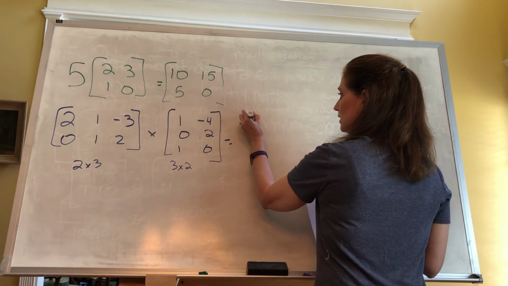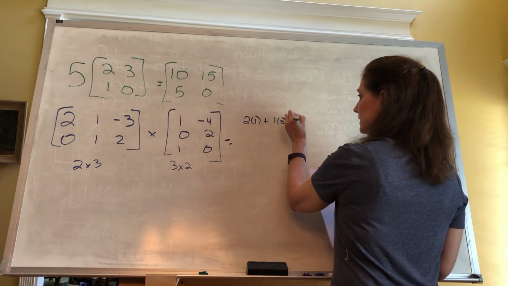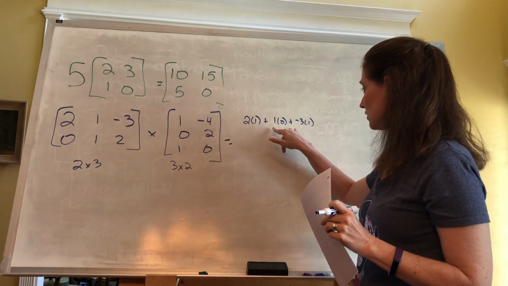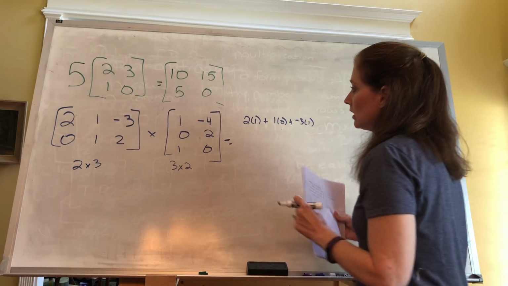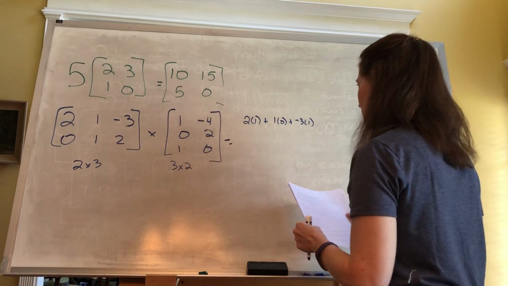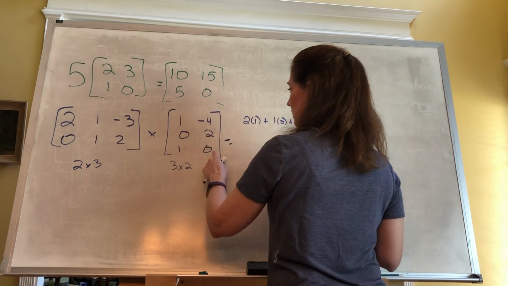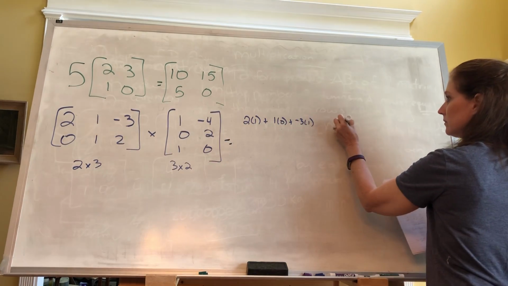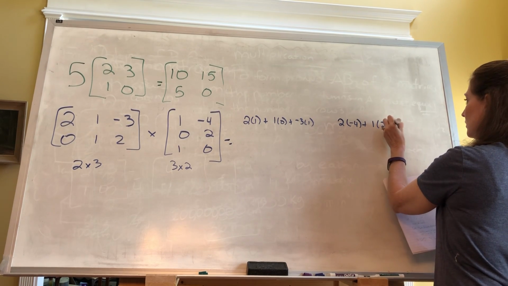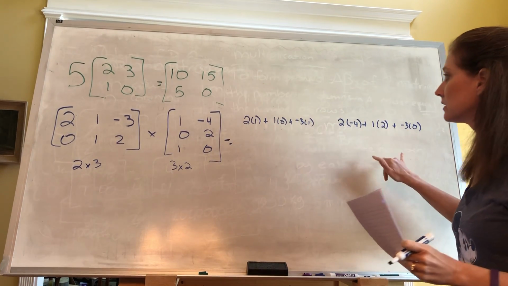So it's going to be 2 times 1 plus 1 times 0 plus negative 3 times 1, and you add all that up, and that goes into the first spot on our new matrix. Then we're going to do the first row by the second column, and we're going to add those up, and that'll be our next spot.